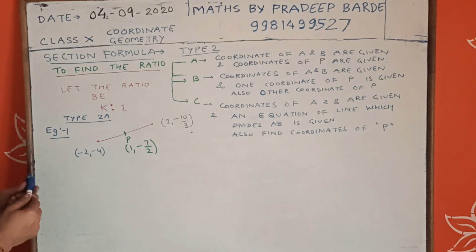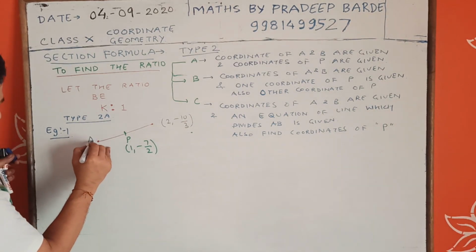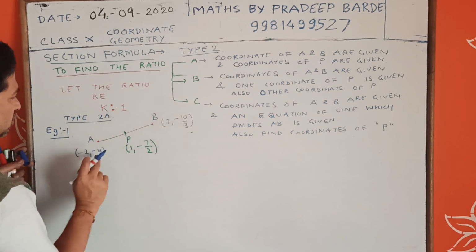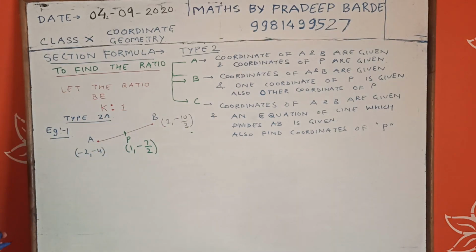See, this is point A. This one is point B. So coordinates of A and B are given and coordinates of P are also given.